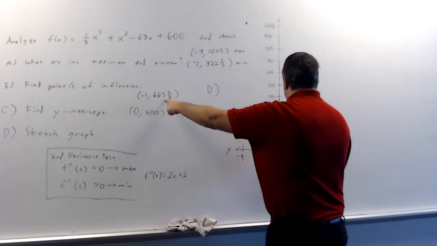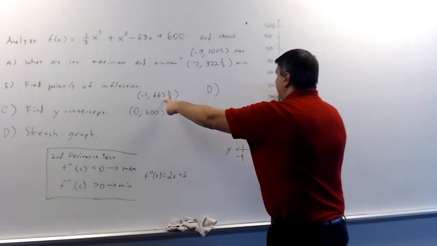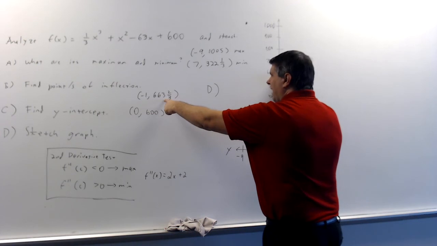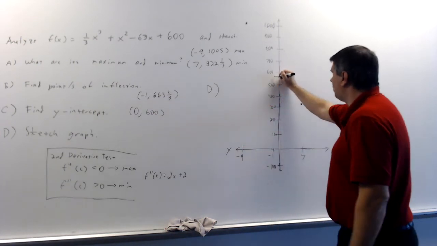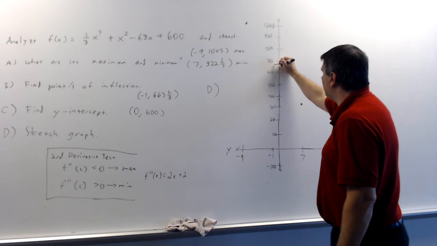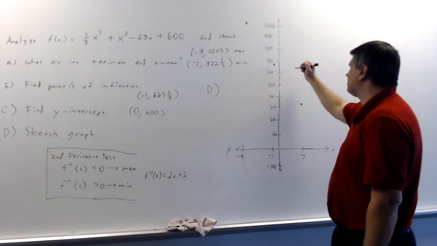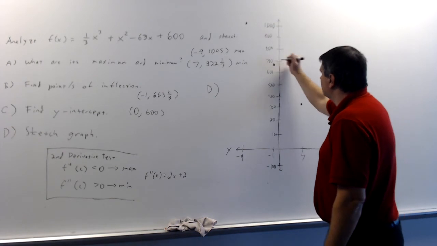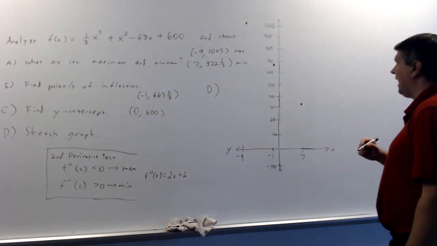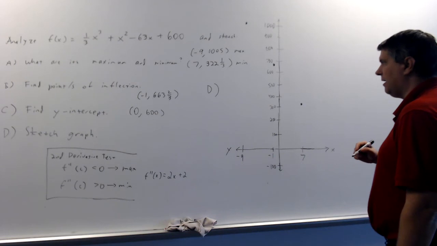Negative 1, 600, probably about right here will work, a little bit over halfway between 600 and 700, about 2/3 of the way. Okay, and then 0, 600.